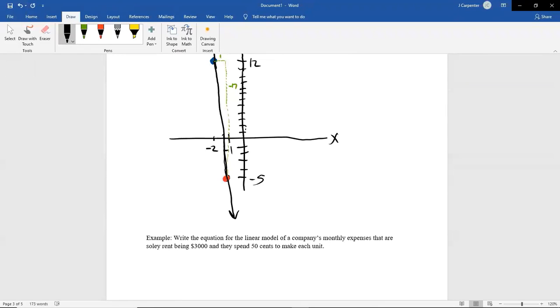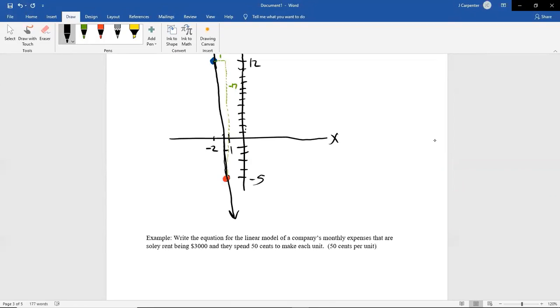And to make each unit is another way of saying per unit. So that's the same as saying 50 cents per unit. I'm doing that intentionally because I always emphasize the word per, meaning the rate or ratio or the slope, but I didn't actually use the word per in here, so we have to understand that in the real world, words are not always consistent. There's other words to get the same job done.